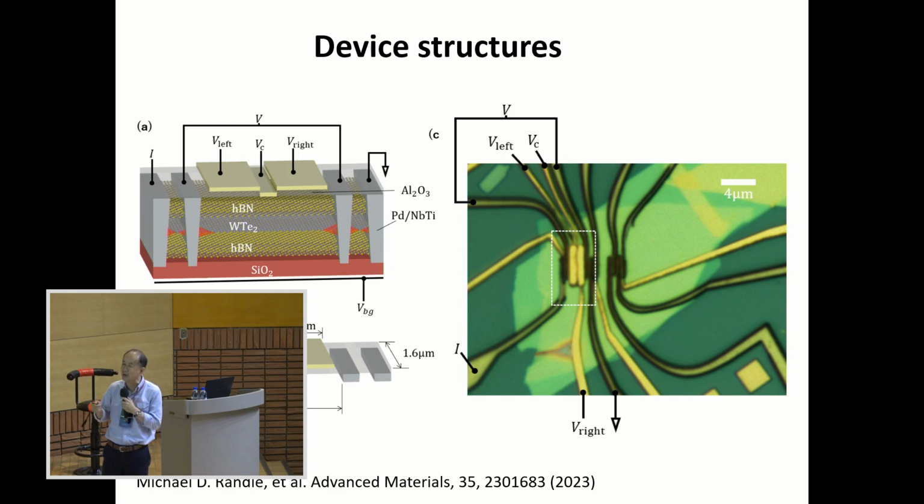This is an optical microscope image, a very complicated device, but the schematic is like this. Tungsten ditelluride monolayer is sandwiched by hBN layers to protect it, because the ditelluride is easily degraded in air.